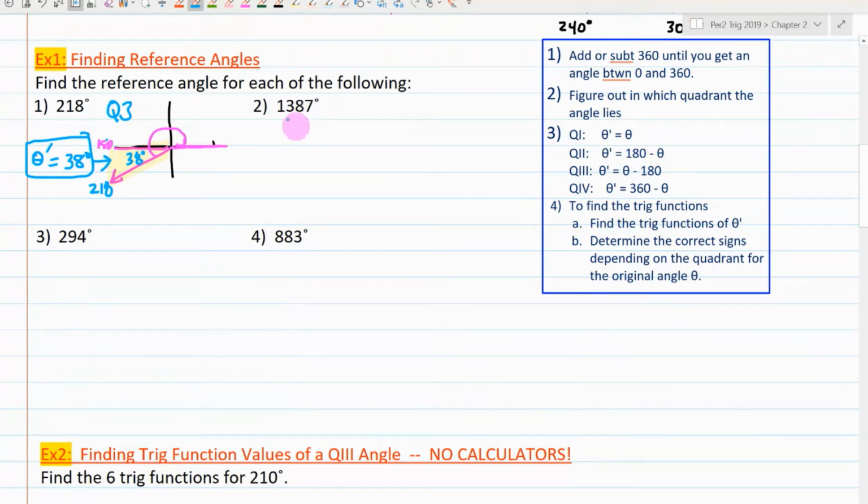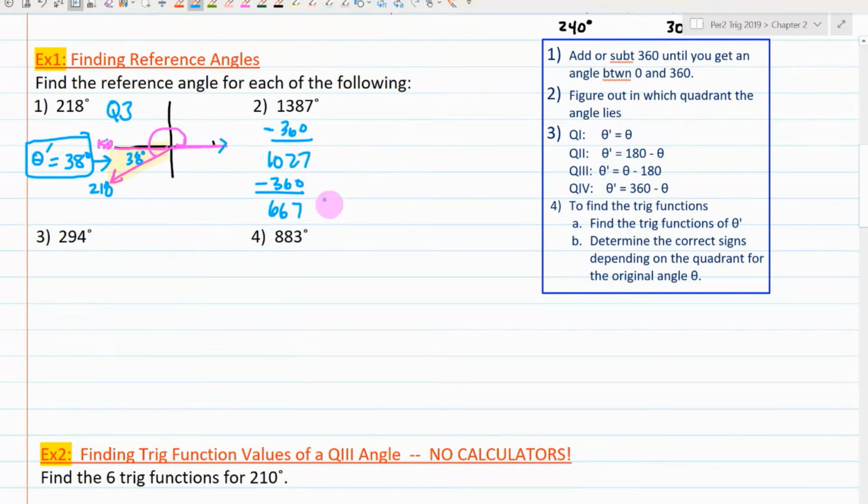Now, when the angle is more than 360, then you have to keep subtracting 360 until you get to an angle that's between 0 and 360. So we're going to be doing the coterminal angle. So if I subtract 360, that's going to give me 1027. If I subtract 360 again, that's going to give me 667.